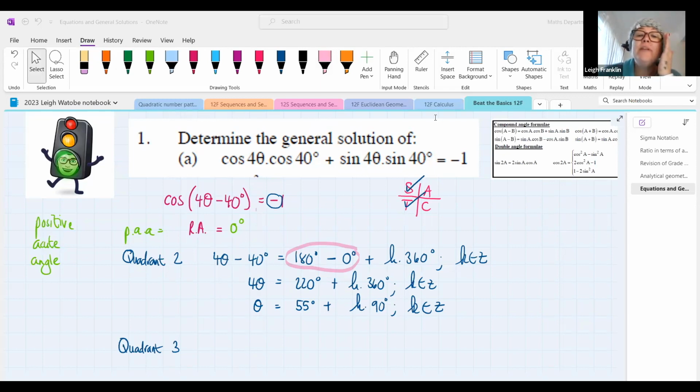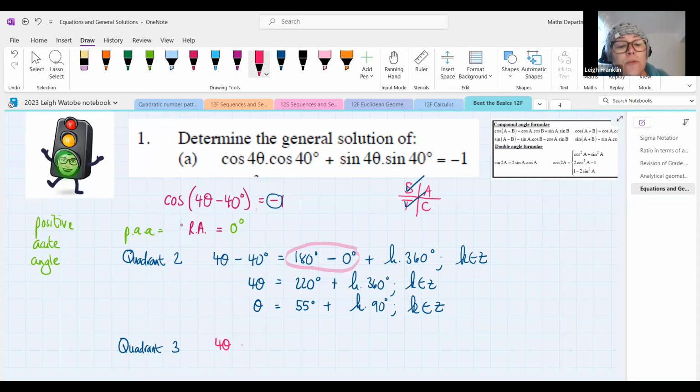But it's just in this case only because our reference angle or our PAA was 0 and we were working where cos theta was negative. So I'm not going to go through the whole process all over again just to get the same answer. I'll just write it here for you very quickly: 4 theta minus 40 would be equal to 180 plus 0 plus k times 360.